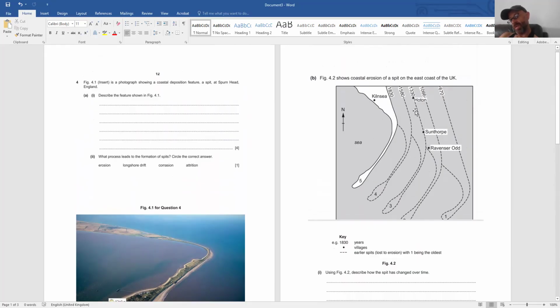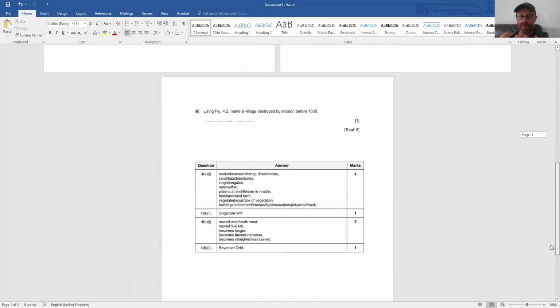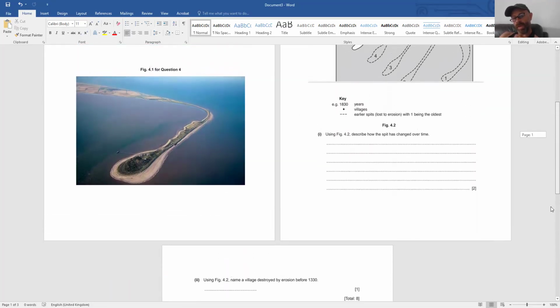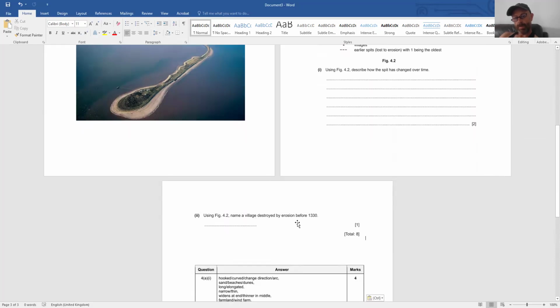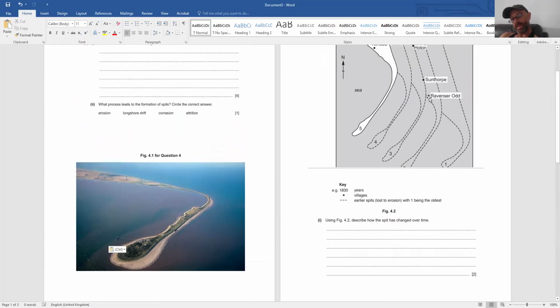They were destroyed around 1330, but there's only one village that appears on the map prior to the 1330 model, number 3, and that's Ravensar Odd. And that will be the answer. Okay, Ravensar Odd. You must read the question. It says before 1330, and we identify that as the only one before the 1330 line.